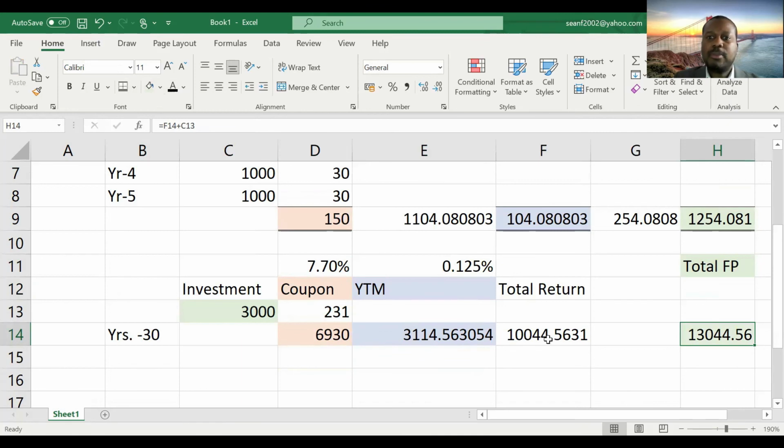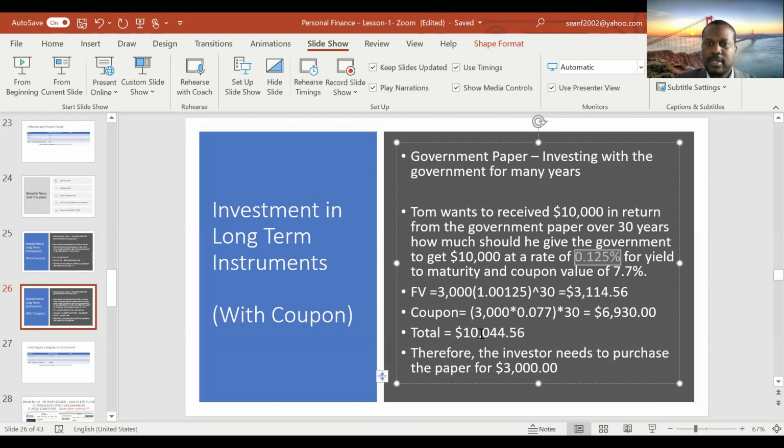Okay. So the 10,044.56. Let's have a look. Yeah, so 10,044.56 is there.